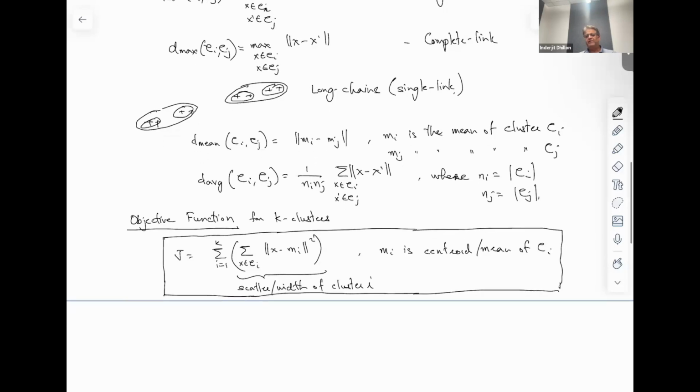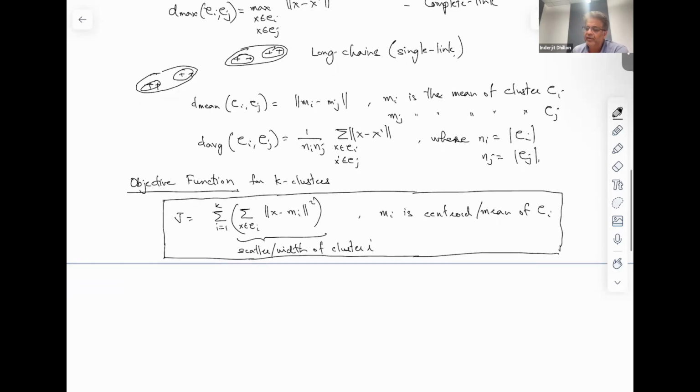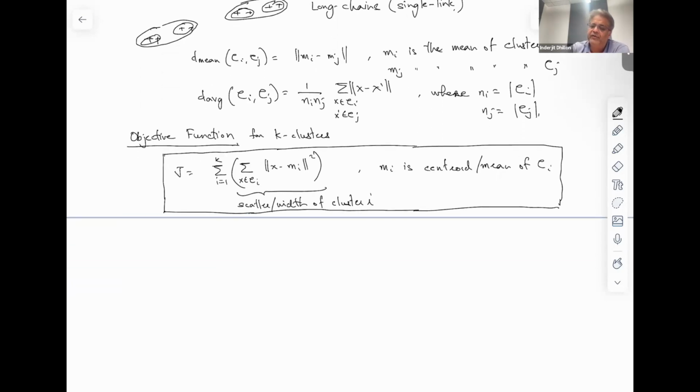Well, it turns out that even this simple objective is very hard to find the global minimum of. So all the algorithms will end up being heuristics, because there is an exponential number of partitions of a set, and it's not possible to find the minimizer of these objective functions in polynomial time.